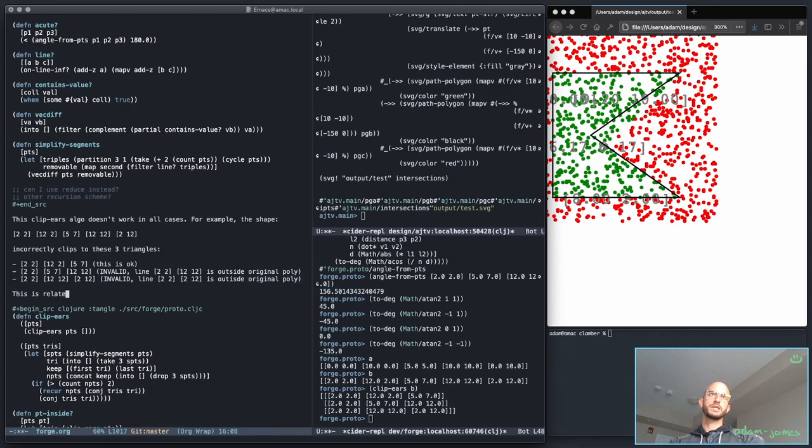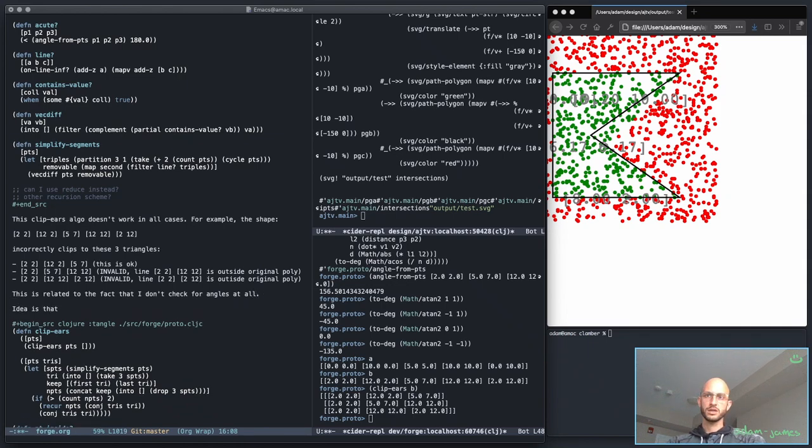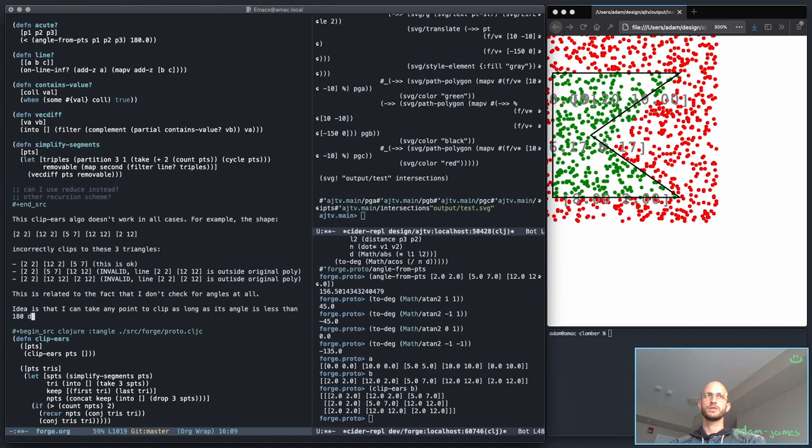This is related to the fact that I don't check for angles at all. The idea is that I can take any point to clip as long as its angle is less than 180 degrees.